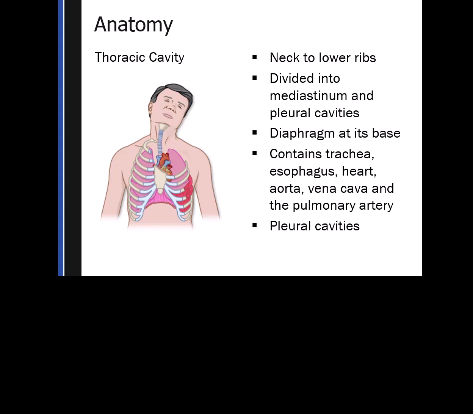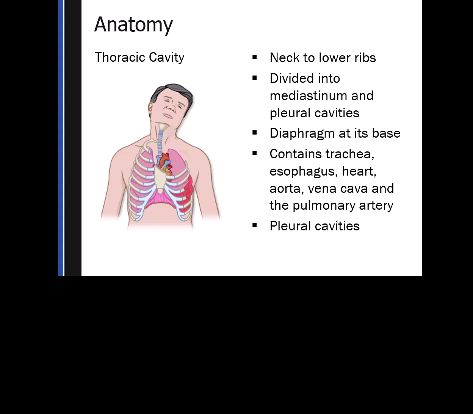One of the things to keep in mind, especially when you get into advanced trauma that we'll talk about, is that if you have a patient that either has a lower part of the chest that has penetrating trauma, or the upper part of the abdomen that has penetrating trauma, some of the bowel that is down here in the abdominal area can actually migrate up into the chest, causing all kinds of problems both for the cardiovascular system, the pulmonary system, as well as for the GI system itself.